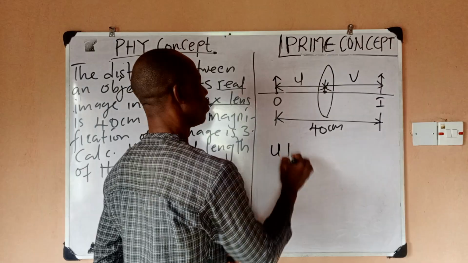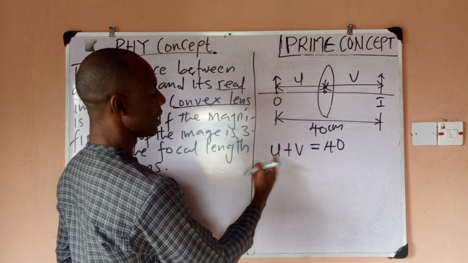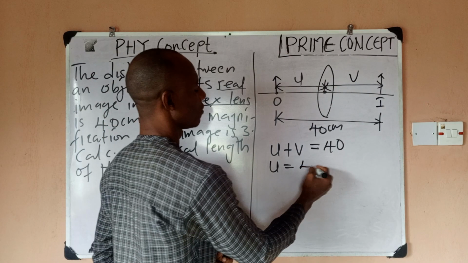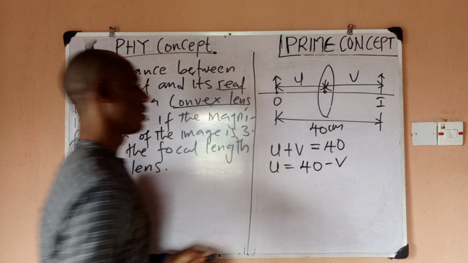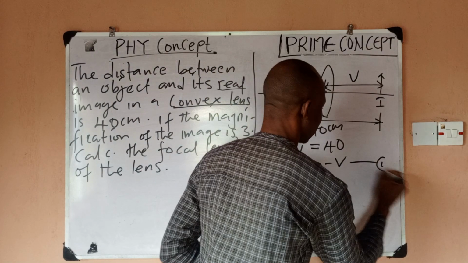So we can say that U plus V should be 40. So that if I make U the subject, I would have that U is going to give 40 minus V. Yes. So I can call this my first equation.